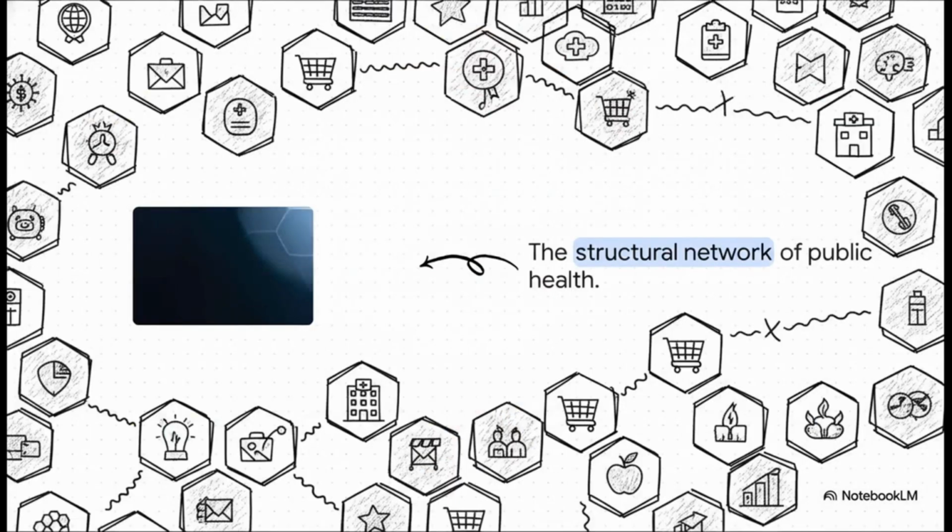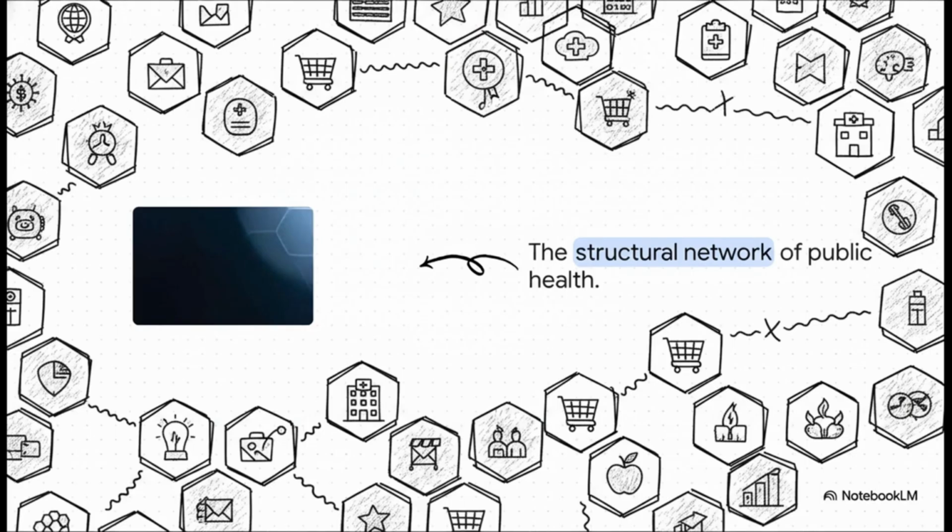Now, think of Pakistan's public health infrastructure as this massive, deeply interconnected web. The data tells us this network is huge. We're talking thousands of basic health units, hundreds of rural health centers, those massive tertiary care hospitals in the big urban centers, and of course the incredibly vital grassroots lady health worker programs. But here is the catch. To really understand the data, we have to look past just the sheer volume of these facilities and analyze their actual capacity.